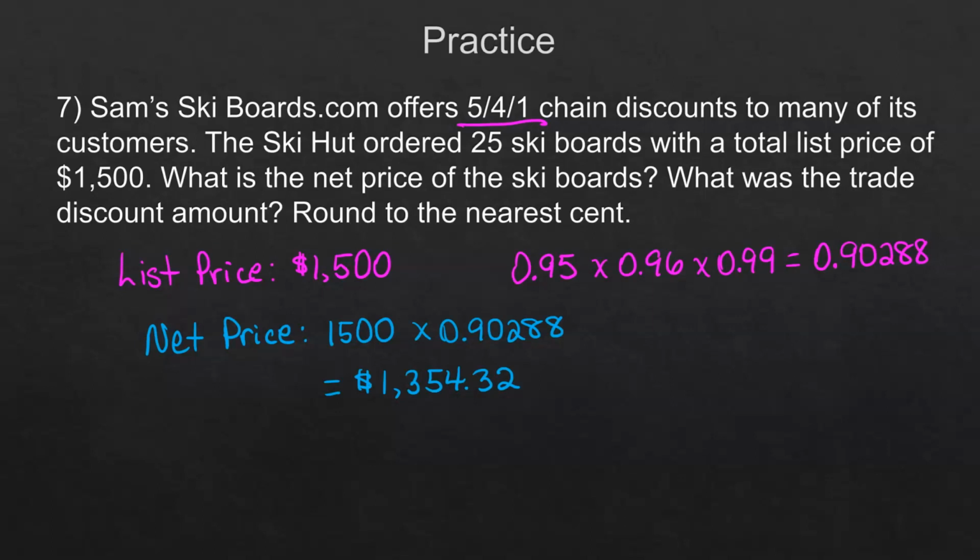Now it also asks us for the trade discount amount. And there's different ways to find this. I don't care which way you do it. I feel like the easiest way is subtract. Take 1,500, subtract your net price, right?